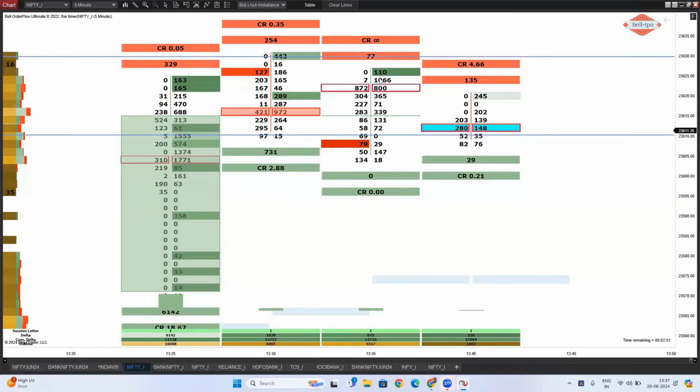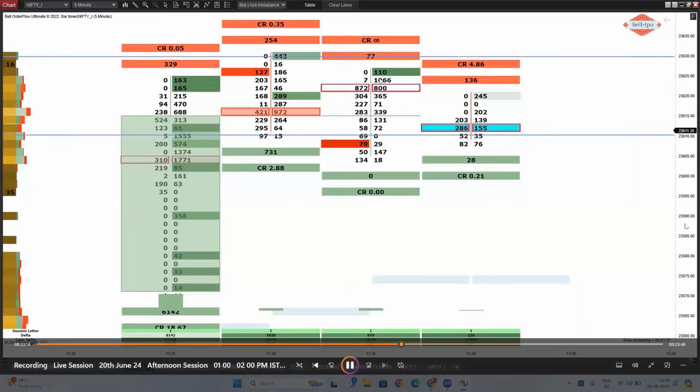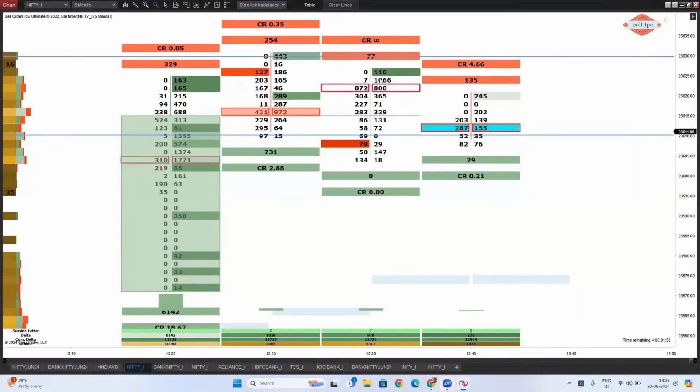So thus far it's an exhaustion bar and trapped buyer. And trapped buyer is one form of absorption, kind of smart money absorbing the buyers. So exhaustion bar and absorption bar it is.